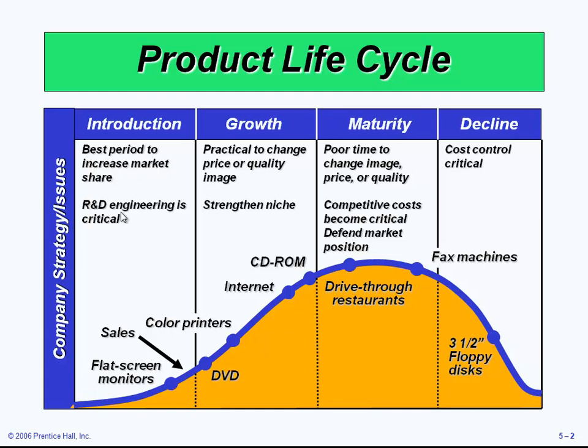In the introduction, most of the work is research and development and looking at the market and the market need. Then in the growth, we have the change in quality and in price. At this point, you get the strength. Now, in the third phase, you have a mature product that's selling, but at the end of that stage, the need for the product might change.